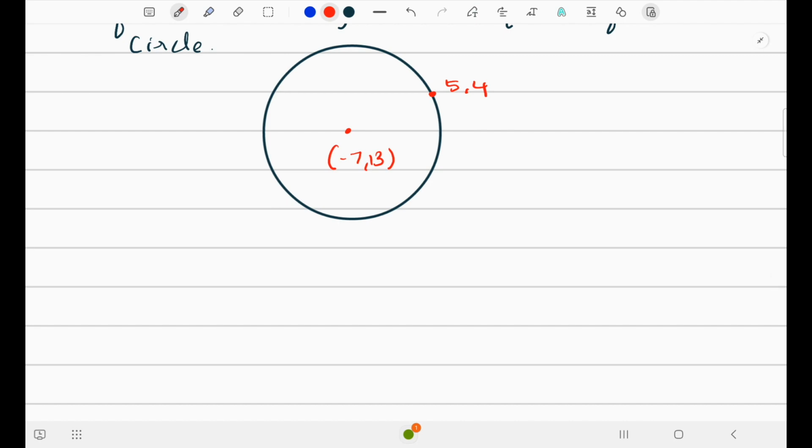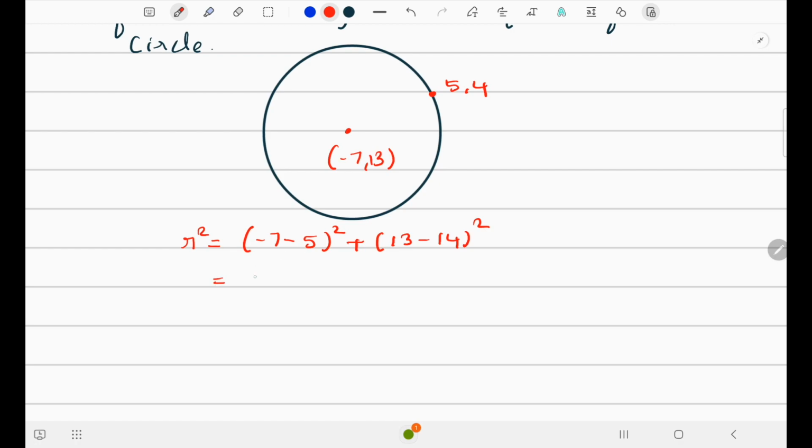First, I need to find the radius, which can be found from the formula. Already I said r square equals x minus a whole square plus y minus b whole square. So -7 minus 5 whole square plus 13 minus 4 the whole square.